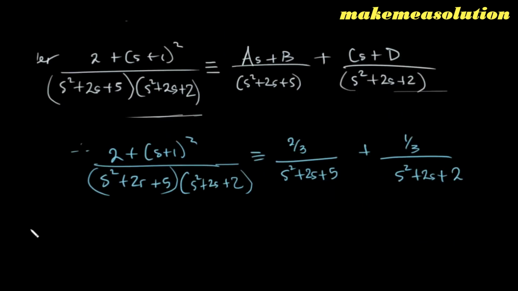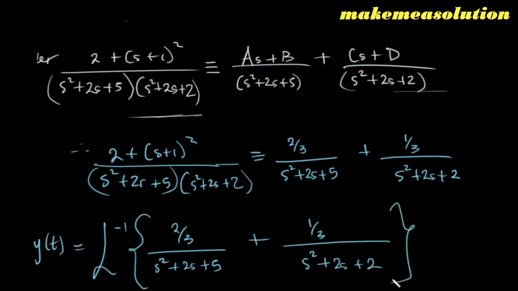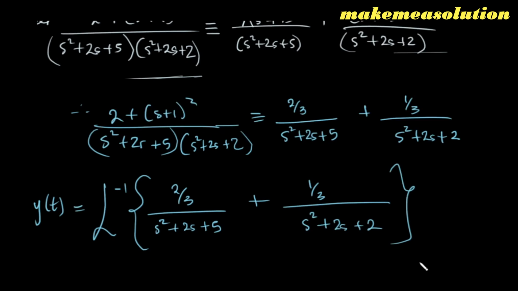So we are now saying that our y of t is the Laplace inverse of this, which is the Laplace inverse of 2 over 3 into s squared plus 2s plus 5, then plus 1 over 3 into s squared plus 2s plus 2, like this. So I'm going to copy this one so that we can solve it on a new line and not run out of space.